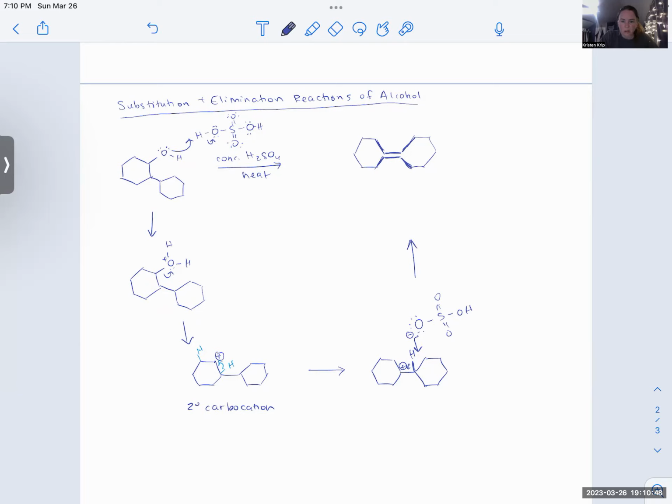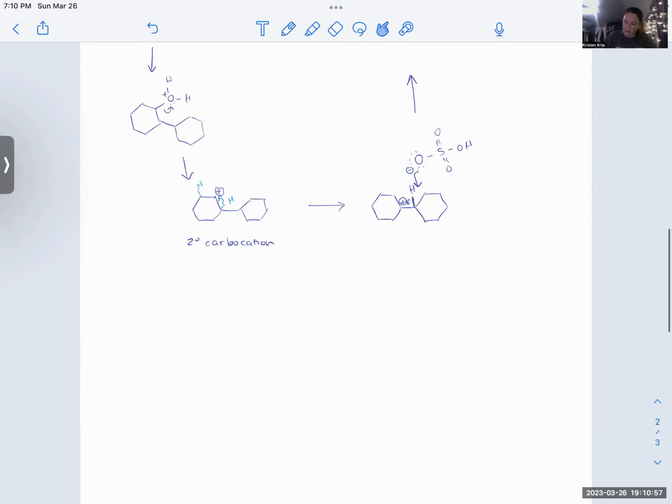Now, I don't remember what the question was that I actually saw in the Discord, but I do know somebody was asking about this one, and this is in substitution and elimination reactions of alcohol, question number 8. I figure we can do it. What was the actual question with this one?